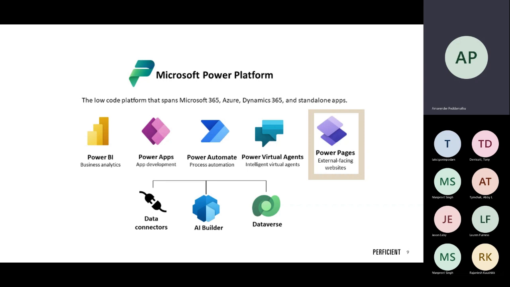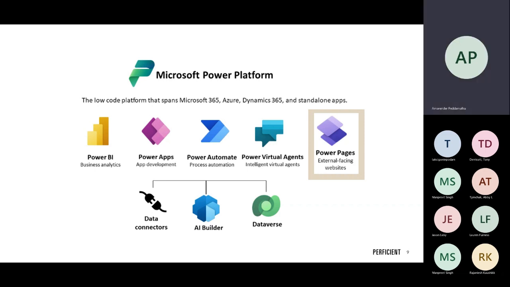If on a daily basis you're dealing with some manual tasks, think of Power Automate, which can automate those business processes to add value to your business so that you can focus on the business while the technology helps you out with the automation.